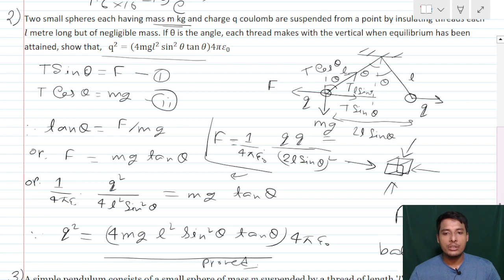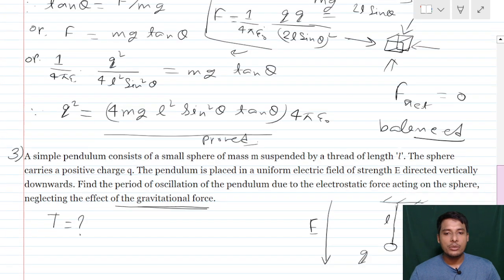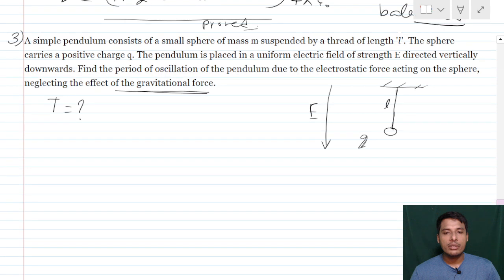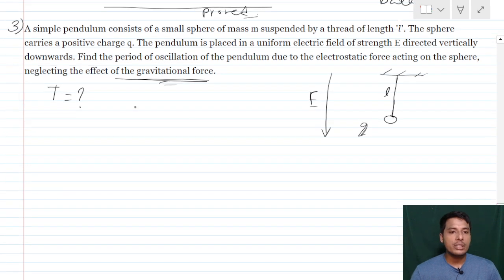But in this question, it is mentioned that we don't have to take the gravitational force. This is nothing but the weight, which you can write as Fg, that is mg. Then we don't want to take this into consideration. Then there will be only one force, that is QE.